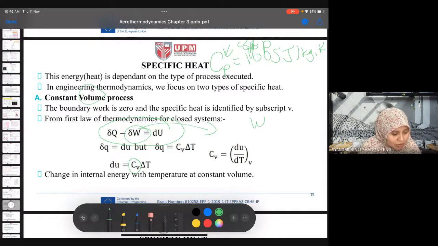So I just want to explain this equation. The differential form of work, dW, its derivation is usually written as integral P dV. Work is P dV.